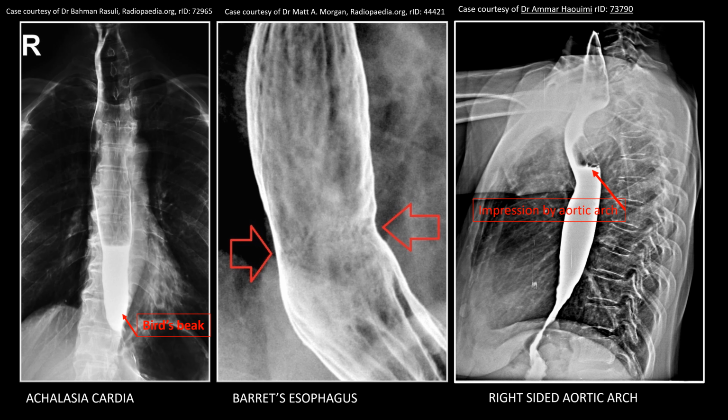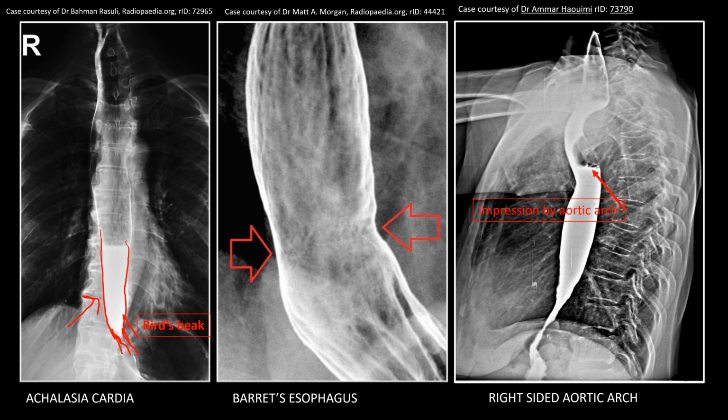These are several pathologies identified by barium swallow technique. In the first image, the lower part of the esophagus shows the bird beak appearance. It is also known as rat's tail appearance. This is the condition known as achalasia cardia.